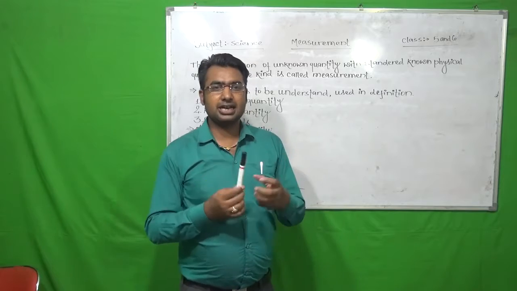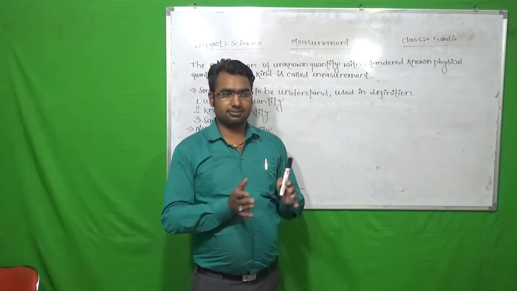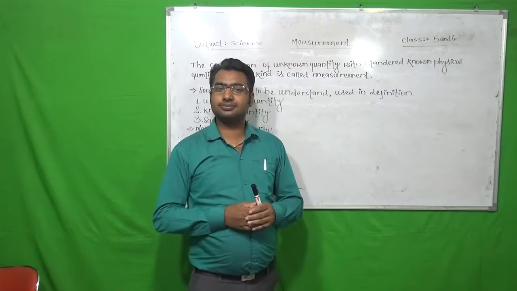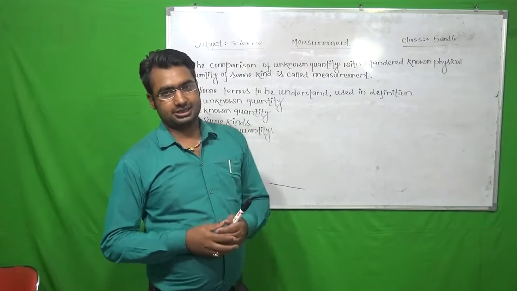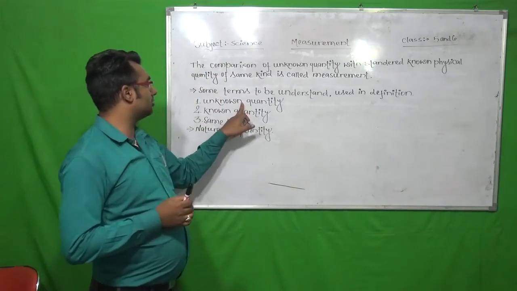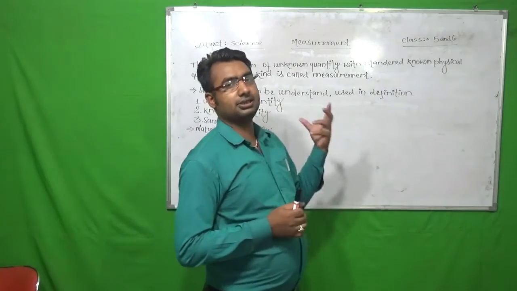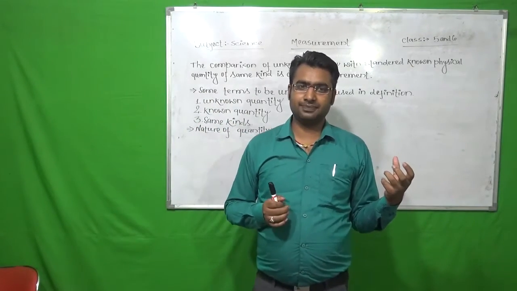It means we should select the appropriate instrument for the measurement according to the nature of the physical quantity. Okay, as well, to understand known quantity and unknown quantity, we have many more examples.